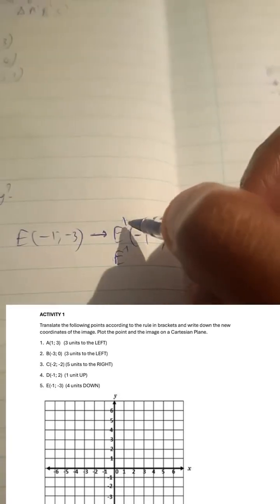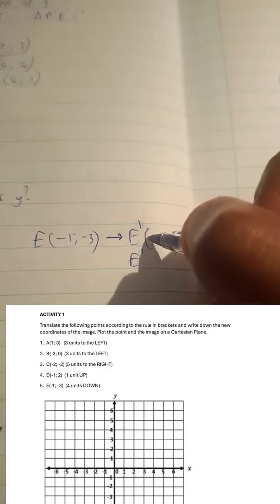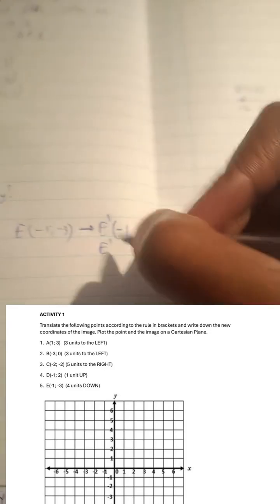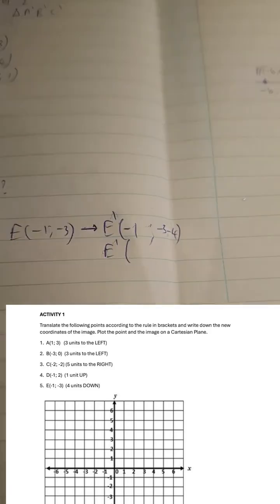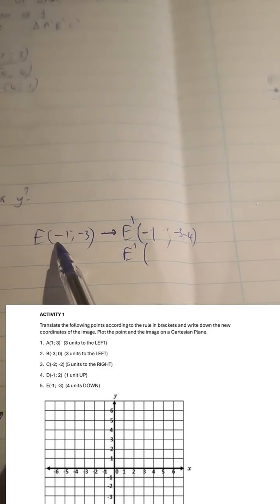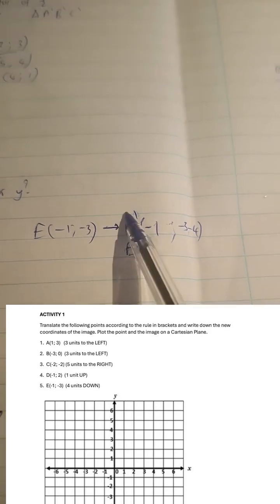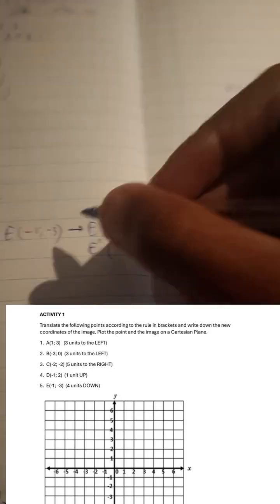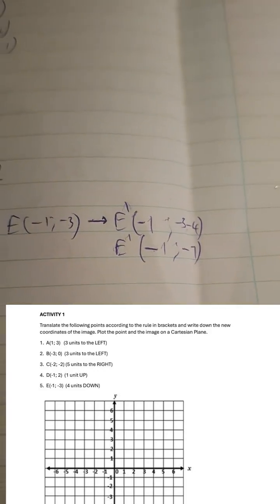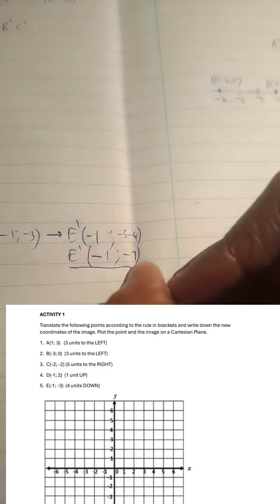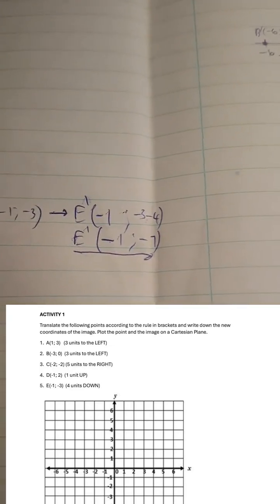So that means our new coordinates, let's not forget that symbol that indicates that this is the new image of E. That symbol indicates that this is a changed translation of the coordinates E. So we write E, the image, and then we write negative 1 and negative 7. So that's very true. Well done on that response.